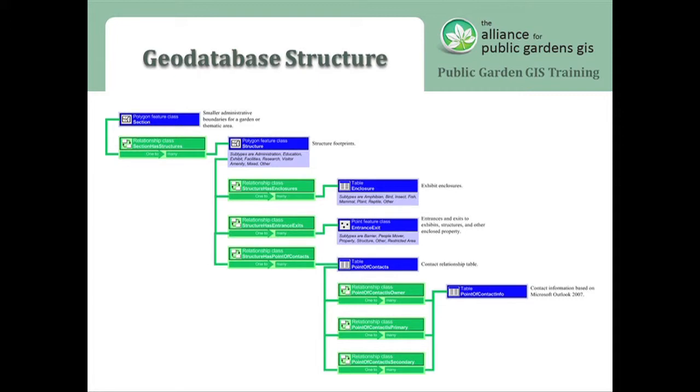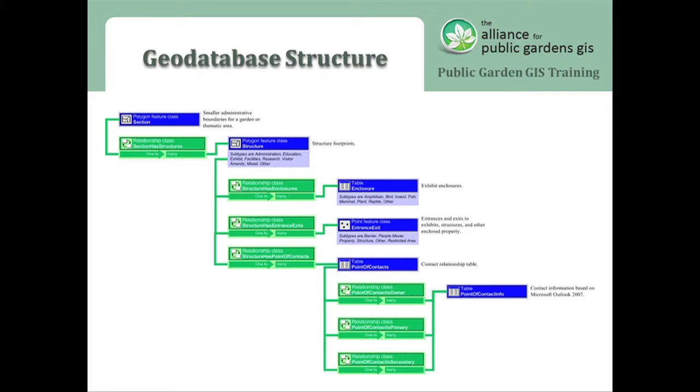For instance, at the UC Davis Arboretum, we have our garden divided into sections based on what sort of plants we have in there, or what type of garden it is. For instance, we have a California native garden. That is one section of our garden.